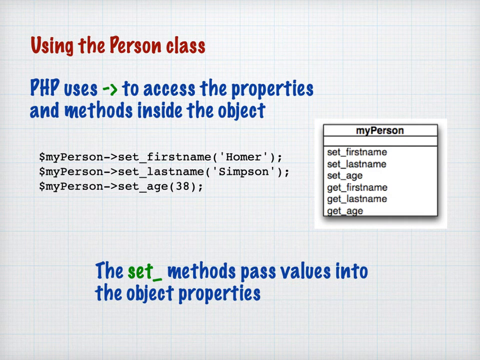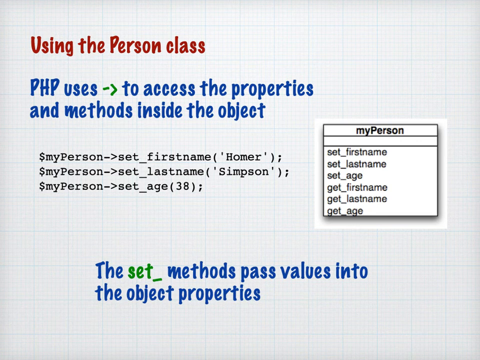So the set methods actually push information into the object. Now the way that we use the notation is we use that like an arrow, which is actually a hyphen and a greater than symbol. PHP uses that arrow. Not many languages use that, but PHP does. So what we're saying is we're going to use the function, the method, set first name or set last name and set age inside my person to pass information into the object.